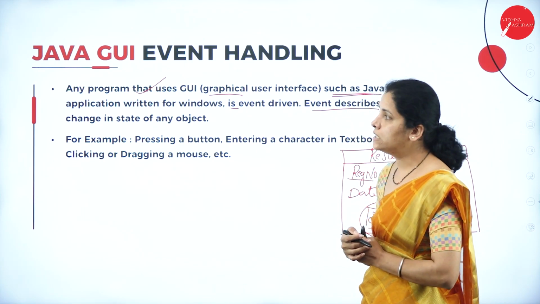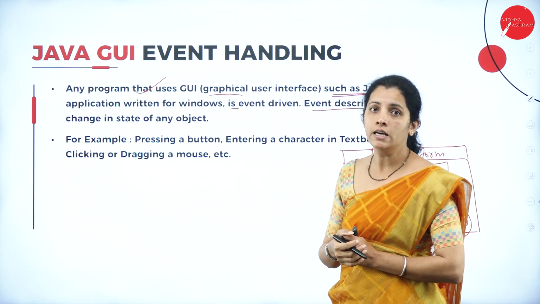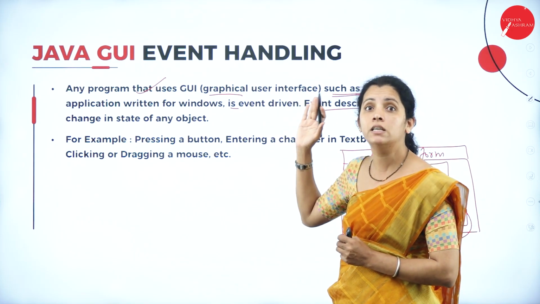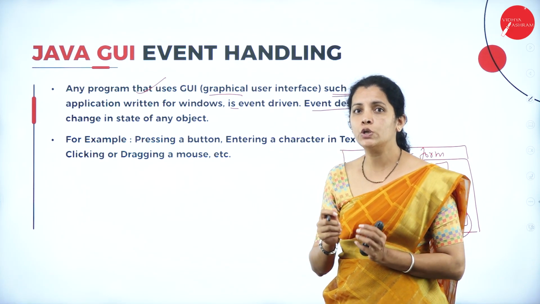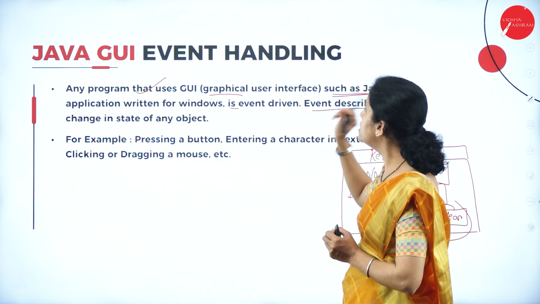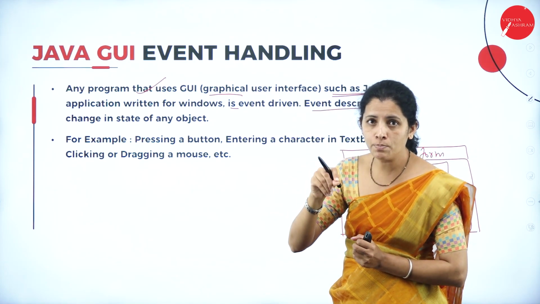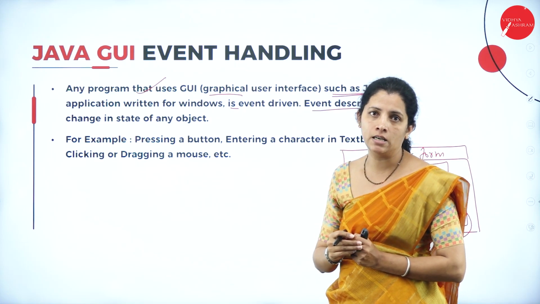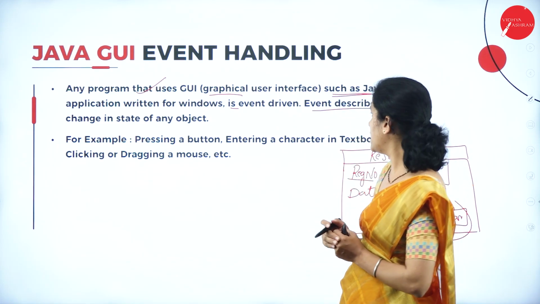In Java, application is written in such a way that must be event driven. So what is event here? That's nothing but the user interaction or user action. When user clicks mouse button, the particular event must be triggered. To handle the event, I must have event handler.